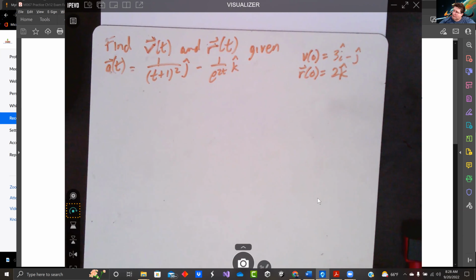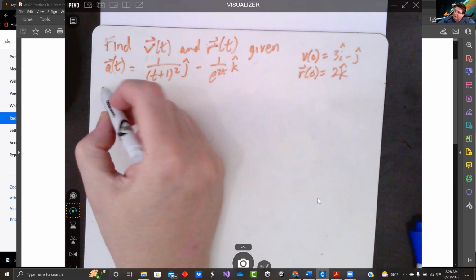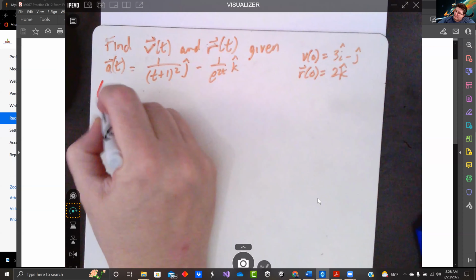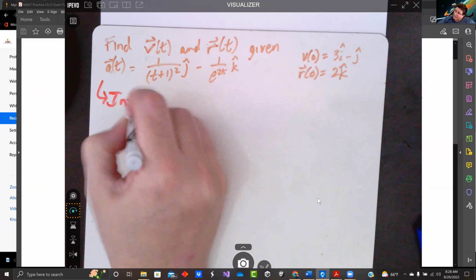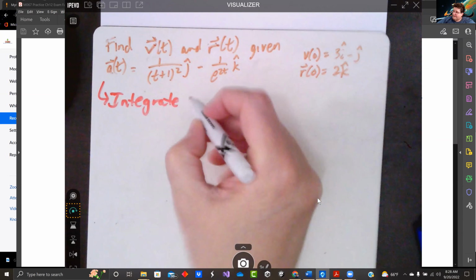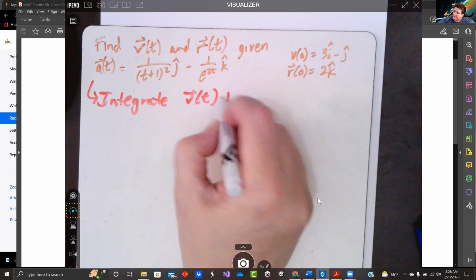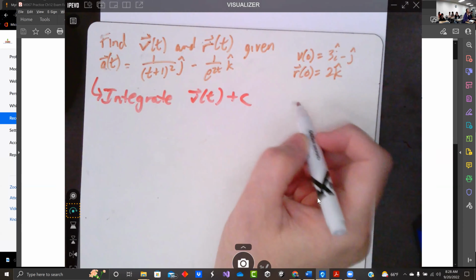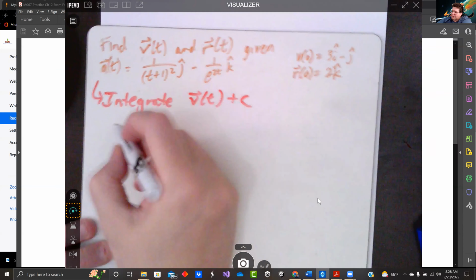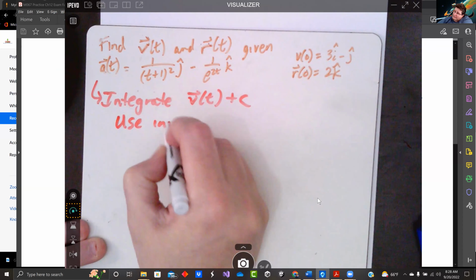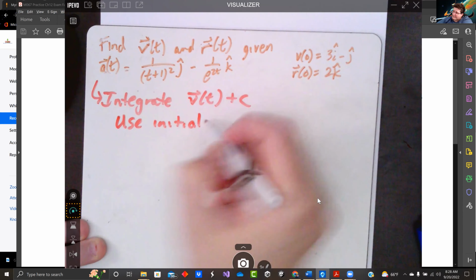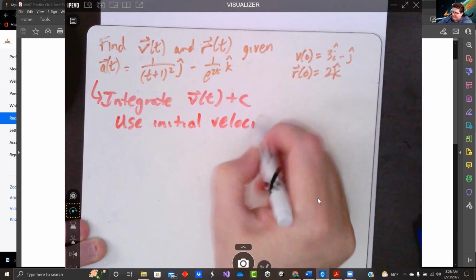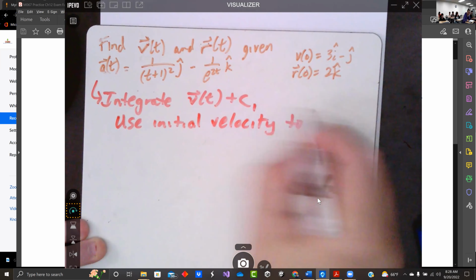So if you haven't watched the lecture notes, the process here is to integrate to find B of T plus C. Use initial conditions, the initial velocity, to find C. Let's call it C1.